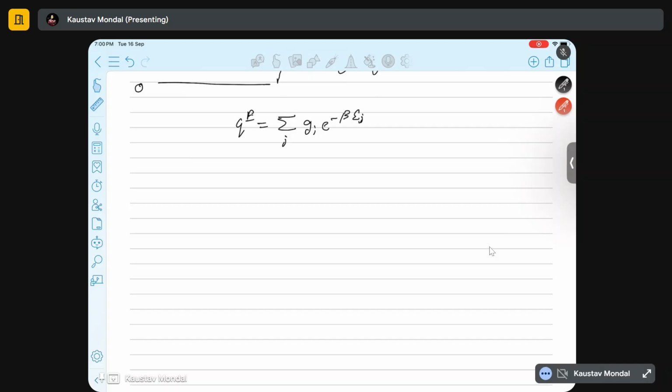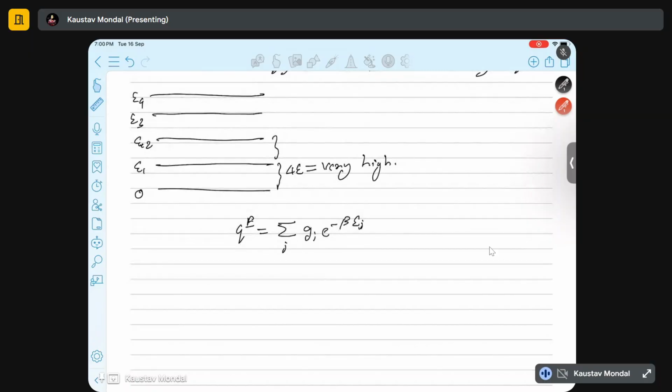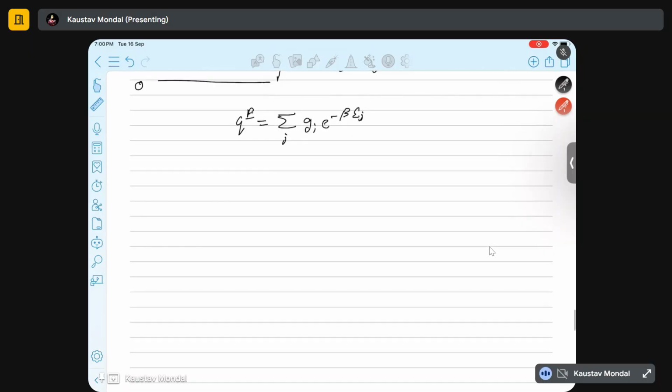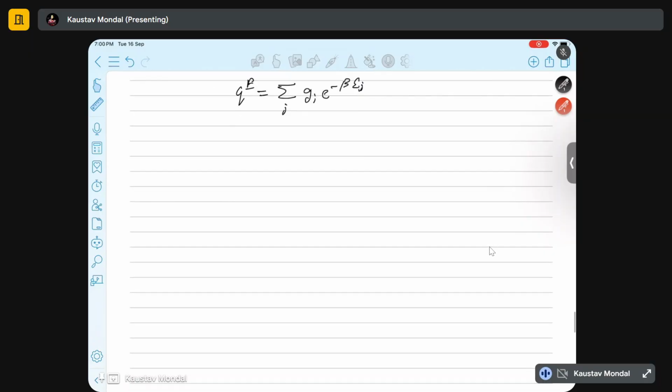Okay, Ej is basically the energies of different states. So if you do the summation, it gives you QE, the electronic contribution, simply G0 plus G1 e to the power minus beta E1 plus G2 e to the power minus beta E2, and so on it goes.